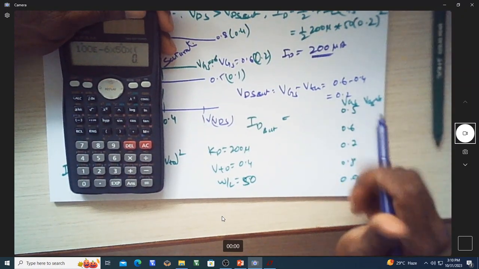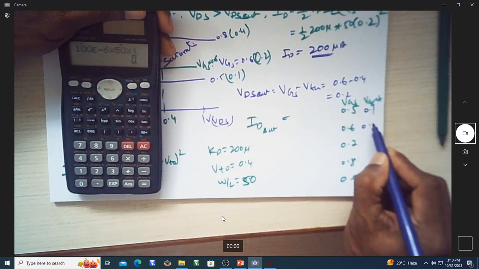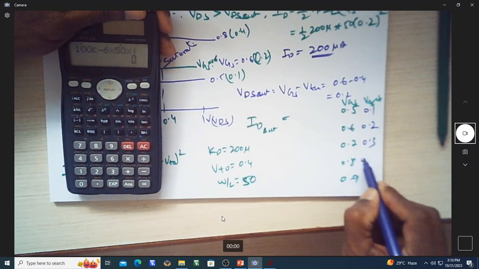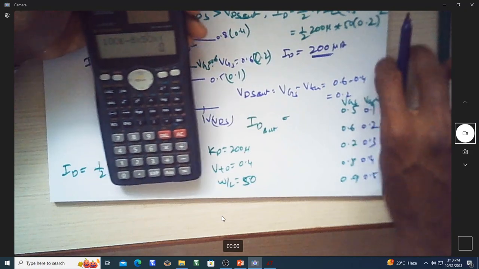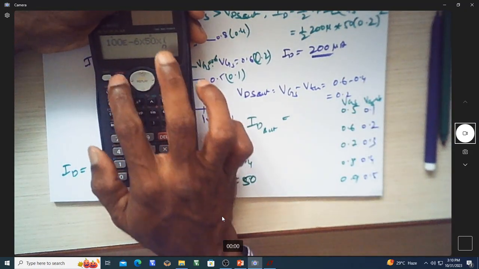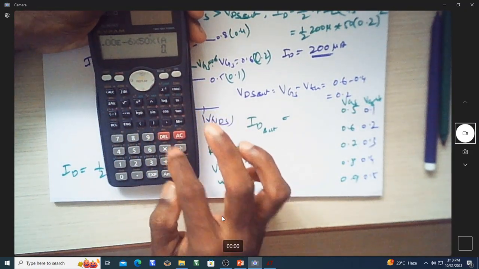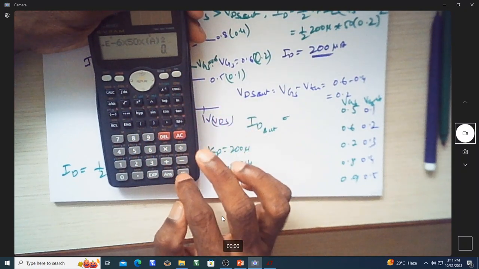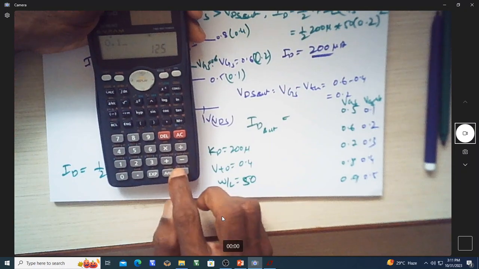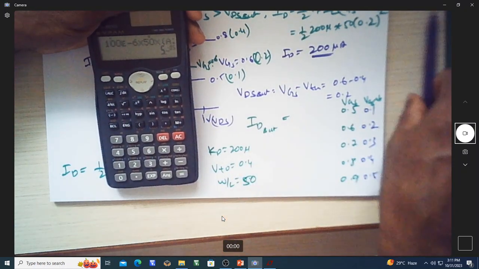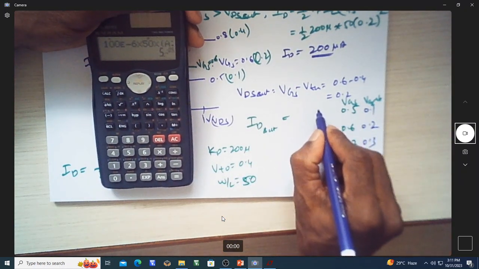Then this will be 0.1, 0.2, 0.3, 0.4, 0.5. I just wanted this to find the values of ID. Let me just make it as a square, calculate, and make it 0.1. For 0.1 it is 50 microampere.